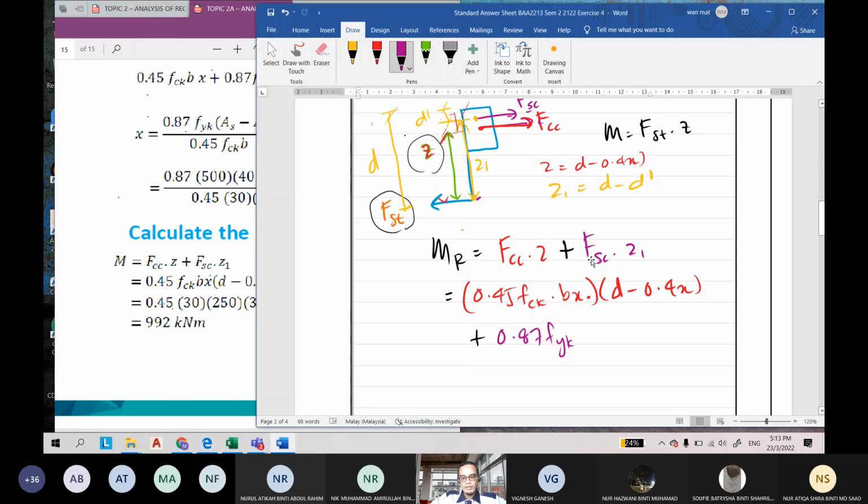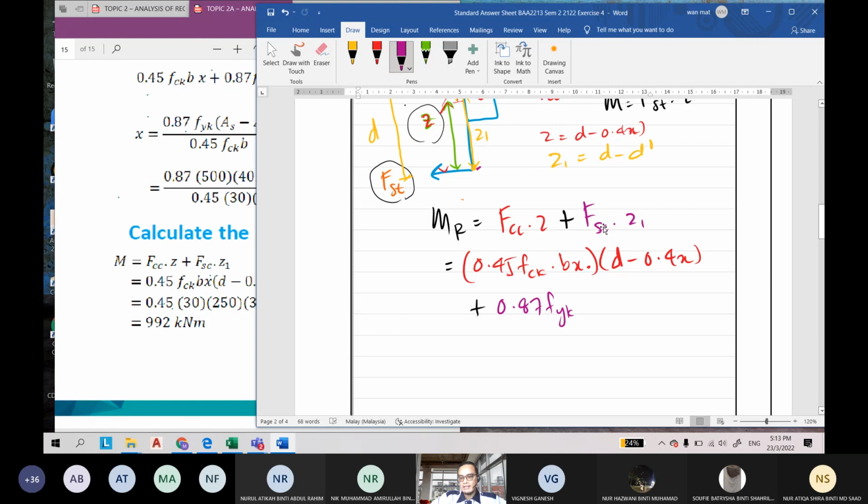We deal with As prime because this is the steel for compression, times Z1. Z1 is equal to D minus D prime.